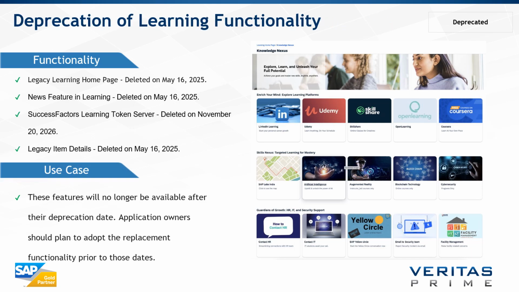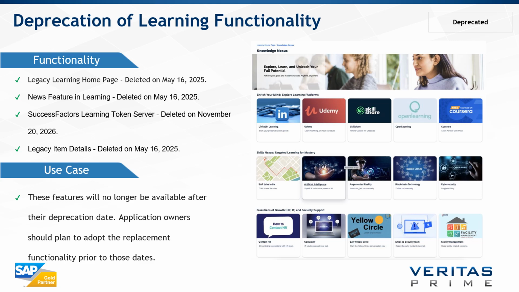Lastly, there are some deprecated functions to be aware of. Legacy Learning homepage, News feature in Learning, and Legacy item details will all be deleted on May 16, 2025. The SuccessFactors Learning Token Server for API access for Learning APIs will be deleted on November 20th, 2026.